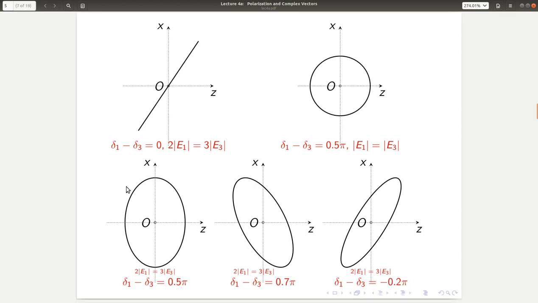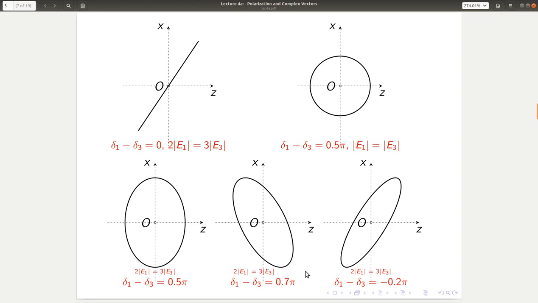Now we can consider more general situations. Now we keep delta 1 minus delta 3 to be pi by 2 like before. But now the magnitudes are no longer equal. It's the same as here, 2 E1 equal to 3 E3. So we get an ellipse with semi-major and semi-minor axes along the x and z axes.